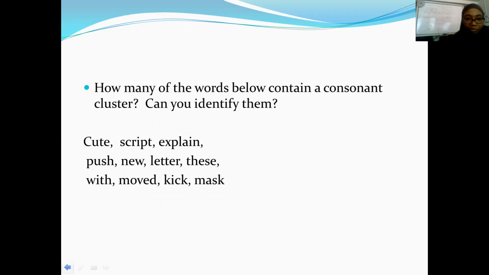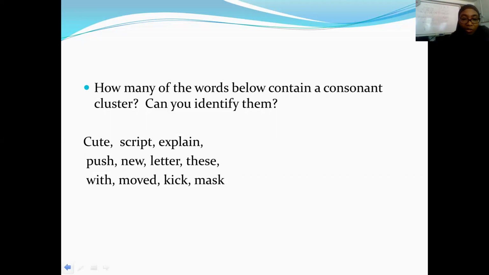Let's look at the words once again. On your screen, you have the words cute, script, explain, push, new, letter, this, with, moved, kick, and mask. Remember again, the topic we're looking at is consonant clusters.